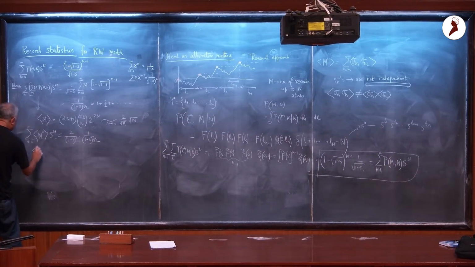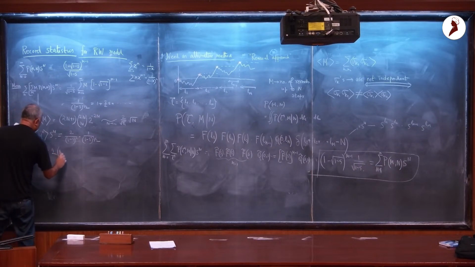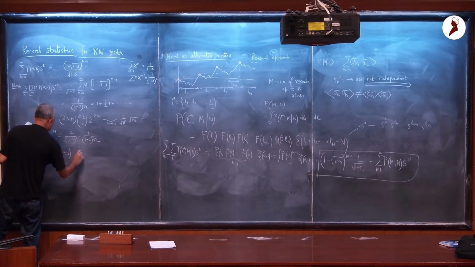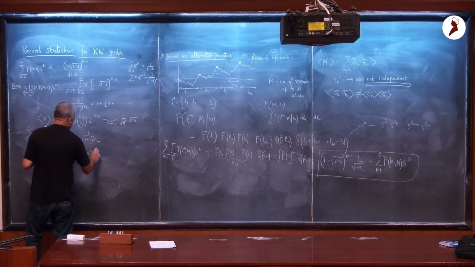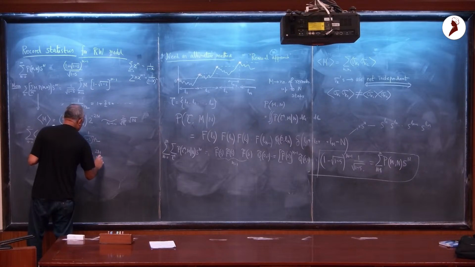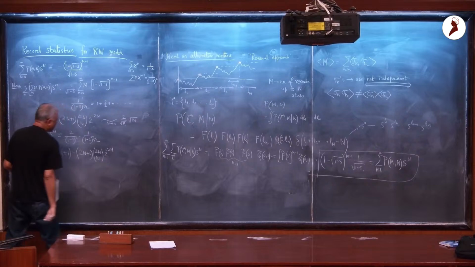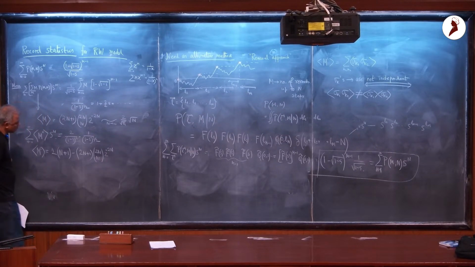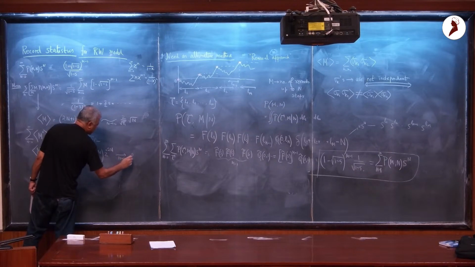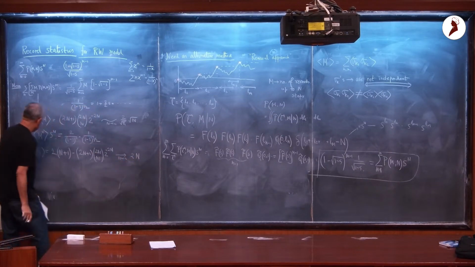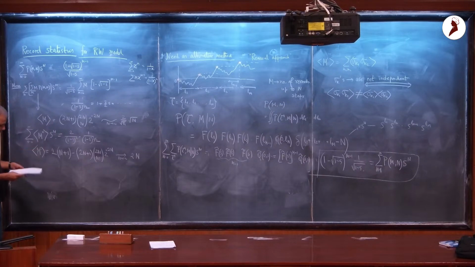And what you find is that the average of m squared is exact again for any n. Okay, for large n, this goes like 2 times n. So the second moment goes like 2 times n.